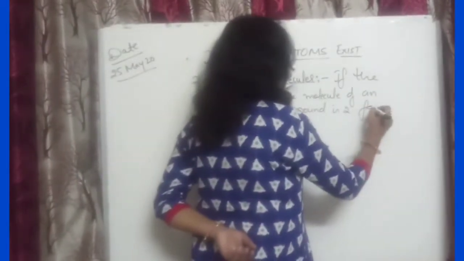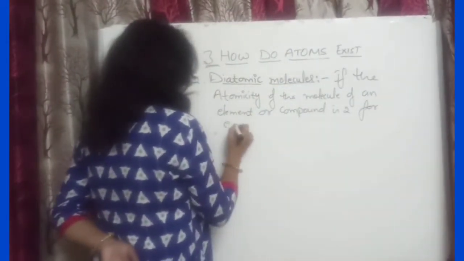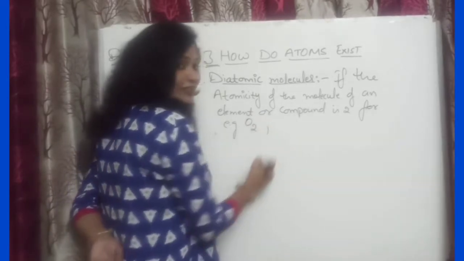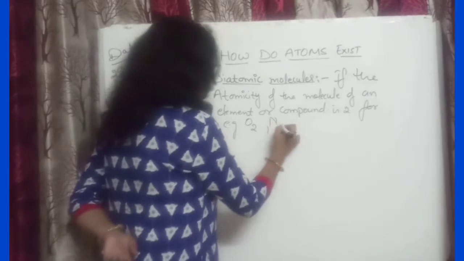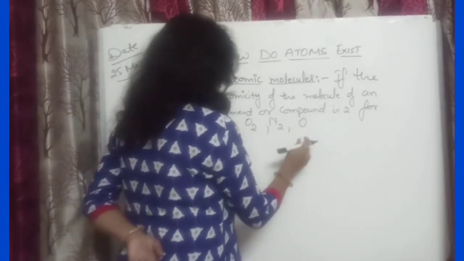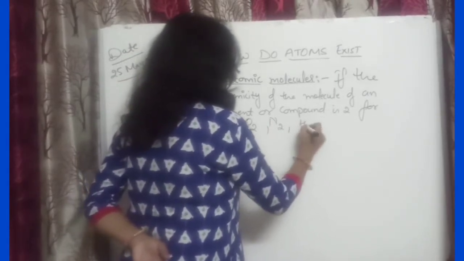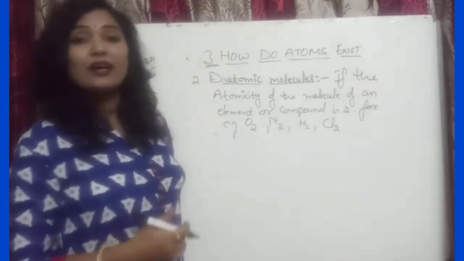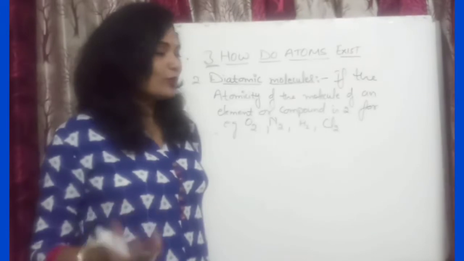For example, oxygen, O2, nitrogen, N2, then hydrogen, H2, chlorine, Cl2. So these are diatomic molecules.